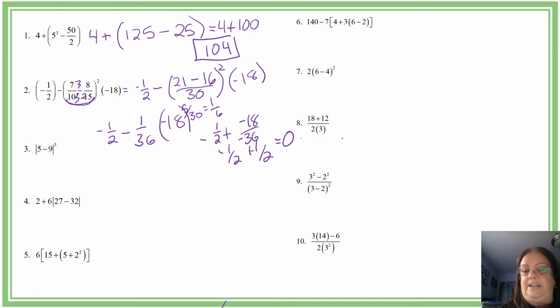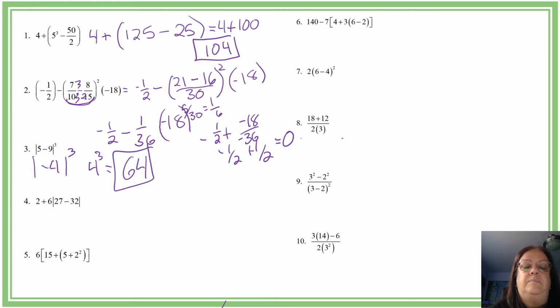All right, number 3. It's an absolute value. So 5 minus 9 is negative 4. Absolute value of negative 4 is positive 4. 4 cubed is 64. 27 minus 32 gives me a negative 5.